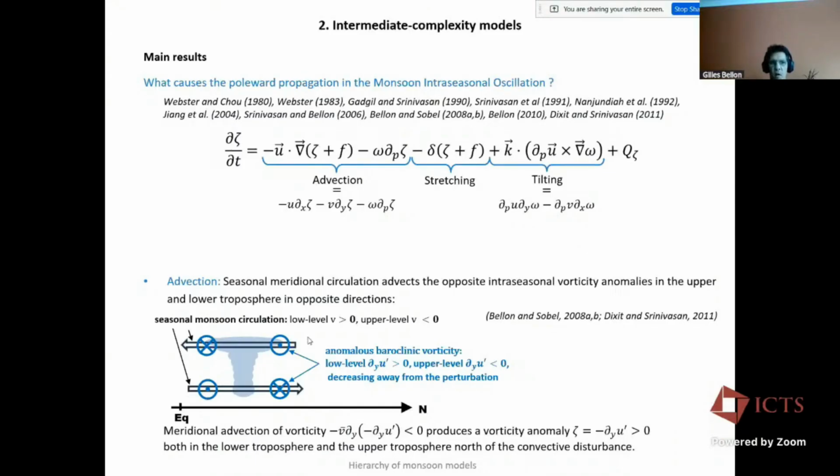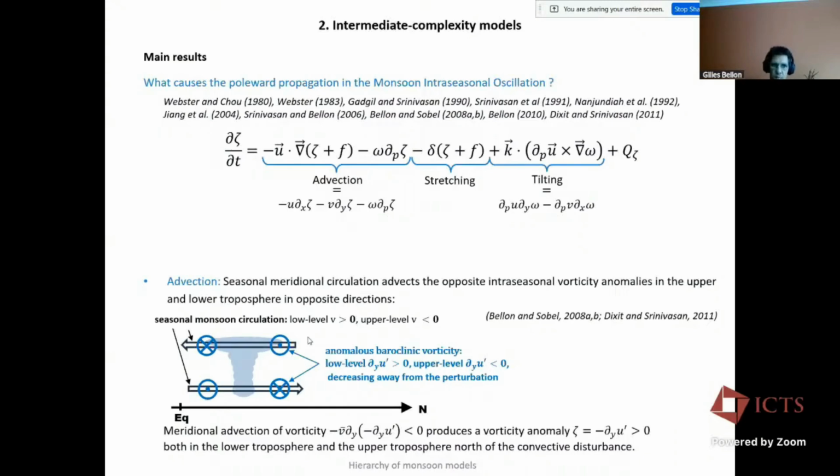But around the perturbation of convection, the anomalous circulation is rotational in opposite direction at the top and at the bottom of the atmosphere.